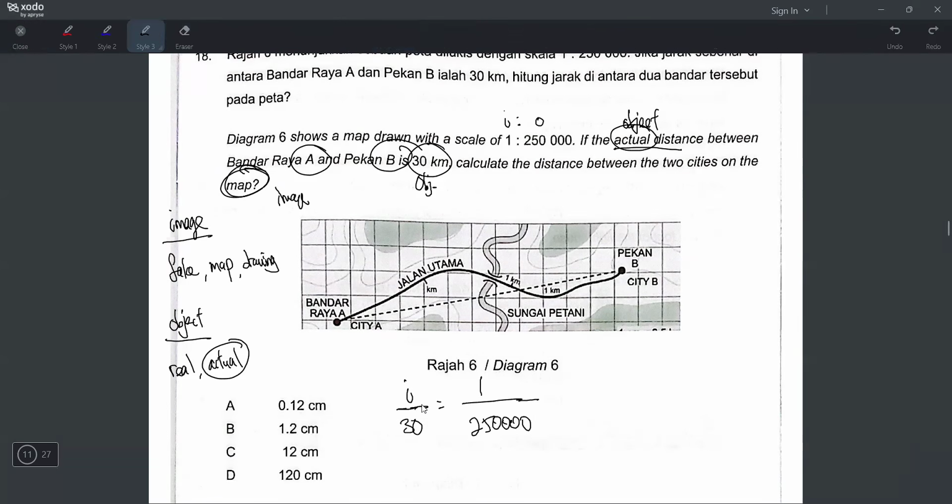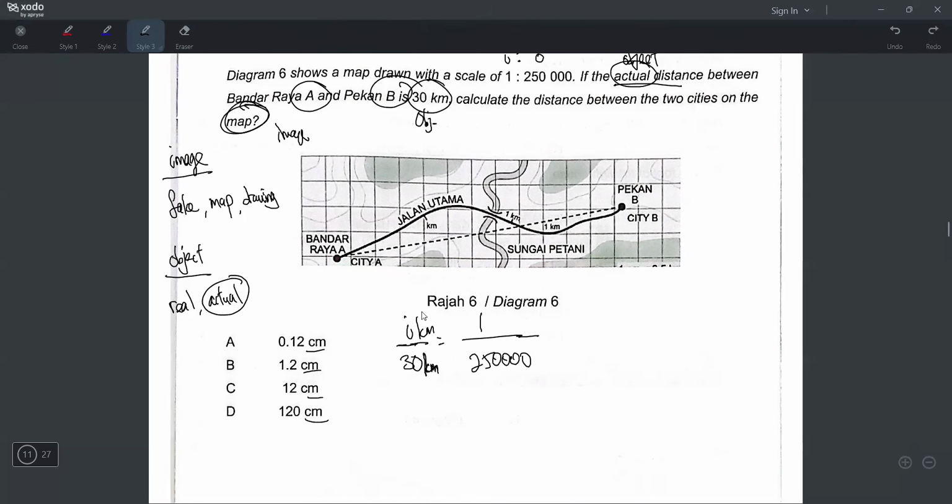But you can only substitute if it's distance. If it's area, you can't. If it's area, you have to put a square root here. But anyway, that's for another day. But for this question it's okay. Here you substitute km, so later your image will come out in km also. But the question gives you all in cm, so later we have to convert.